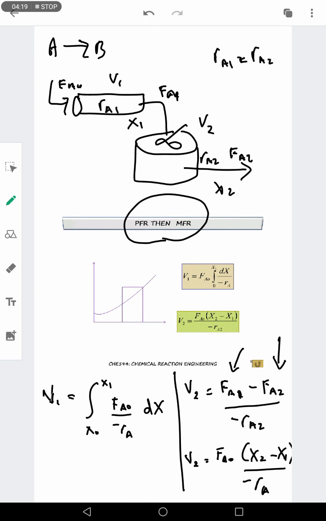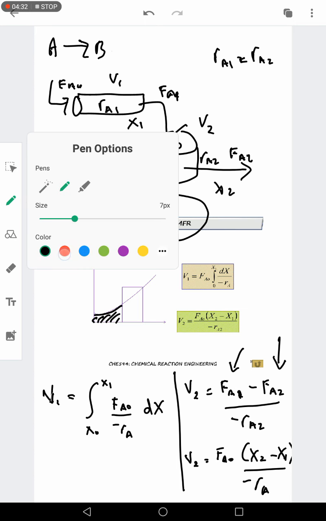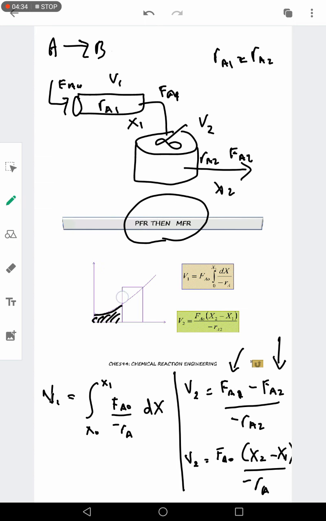Okay. Jadi in terms of graph, this is the volume for PFR, which is under the curve. Tapi kalau untuk CSTR, dia punya volume adalah this square daripada X1 ke X2 ni.